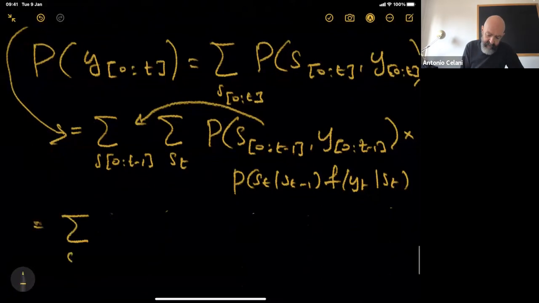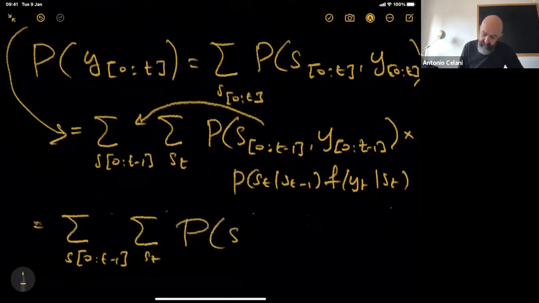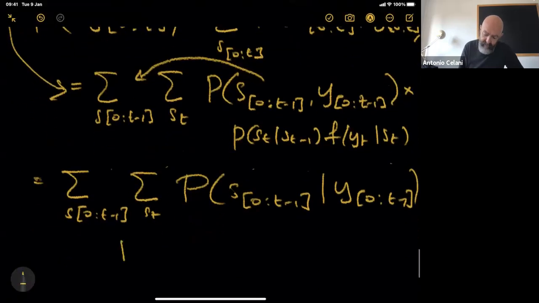the sum over S. So I have the probability of the history conditional given t minus 1. Then I have the probability of y 0, t minus 1.